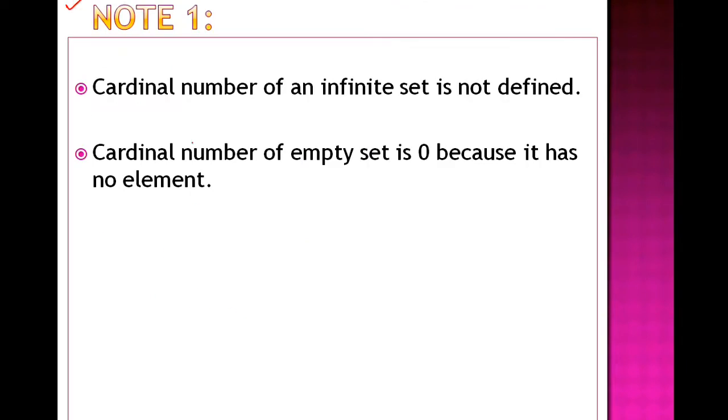Here you can note this down: the cardinal number of an infinite set is not defined, as we cannot count the number of elements of infinite sets. The cardinal number of an empty set is 0, because there is no element in the empty set.